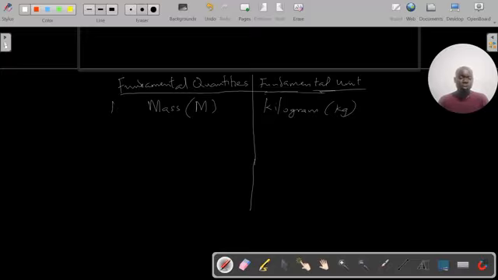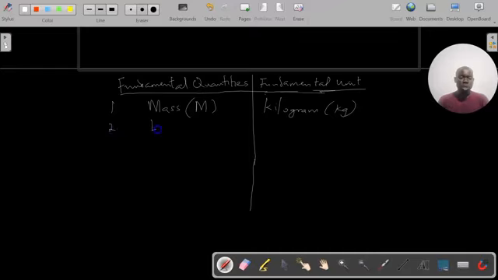So even though we have more than one yardstick through which a quantity can be measured, there is a standard unit that is generally accepted, and that is the SI unit, and that is the fundamental unit we're going to be writing for fundamental quantities.